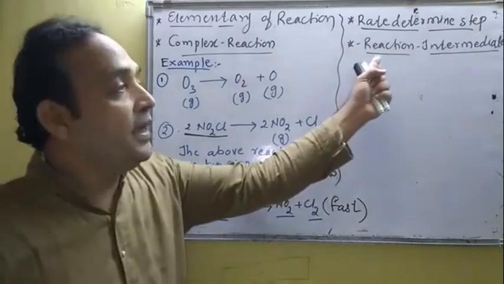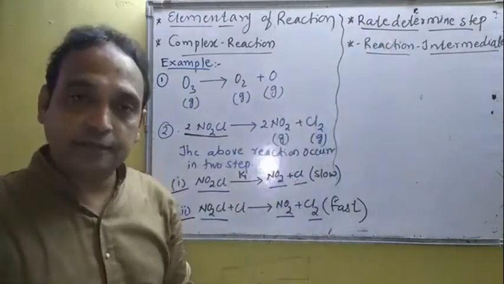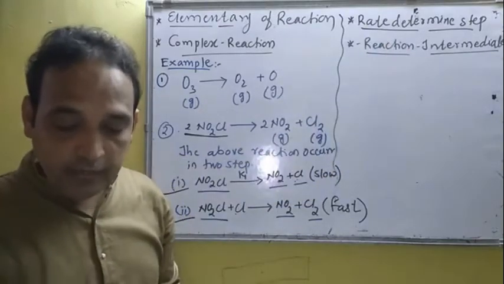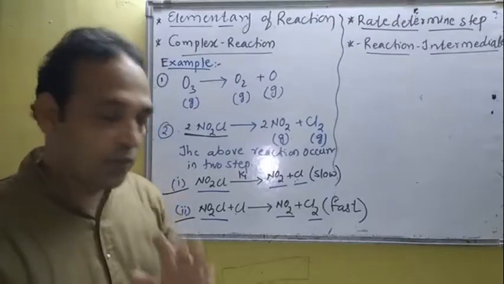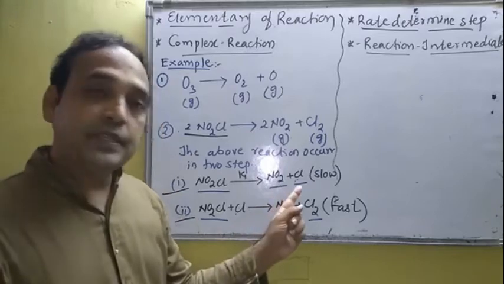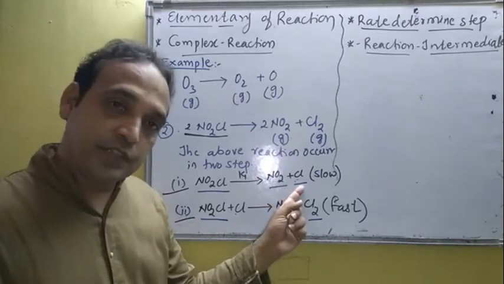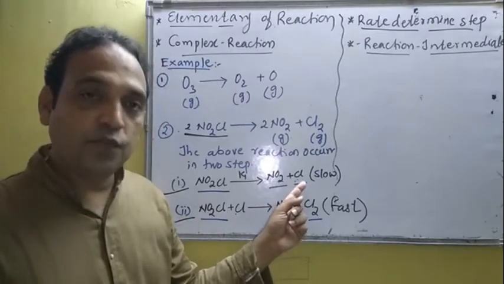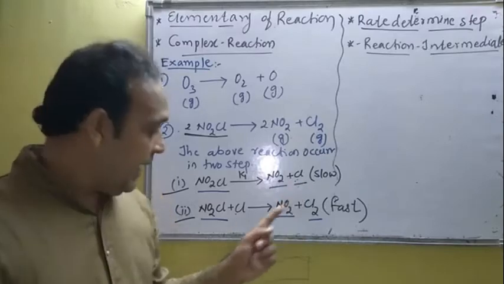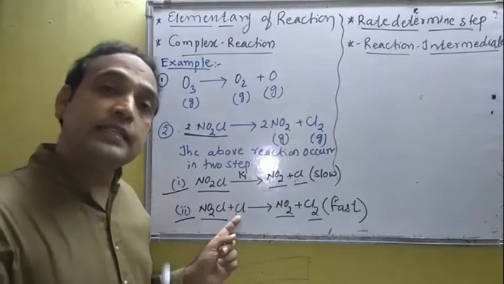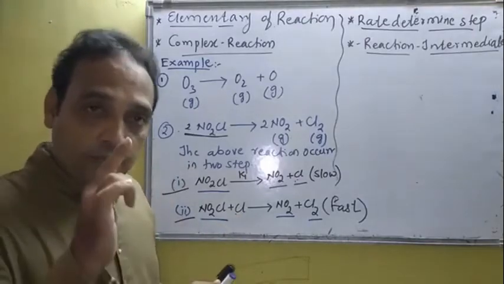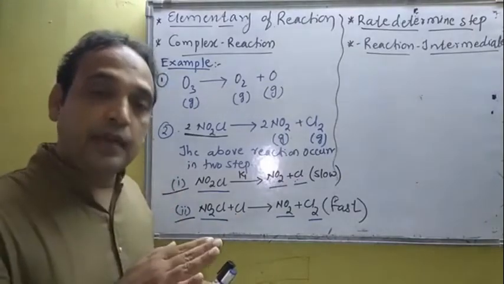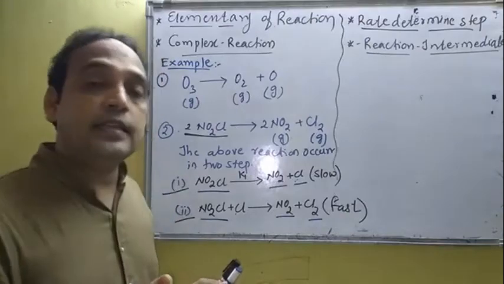नाउ माय लास्ट पॉइंट, रिएक्शन इंटरमीडिएट. Reaction intermediate we can define as the species formed in the first step and consumed or disappearing in the second step.